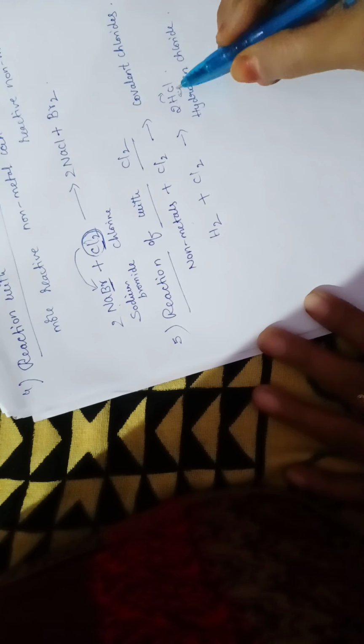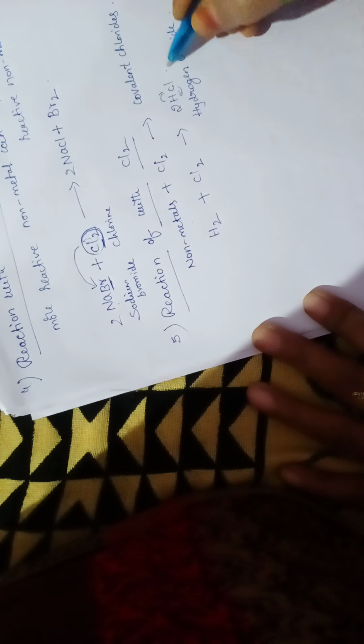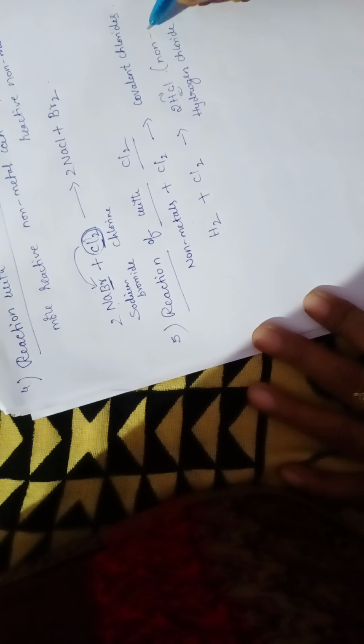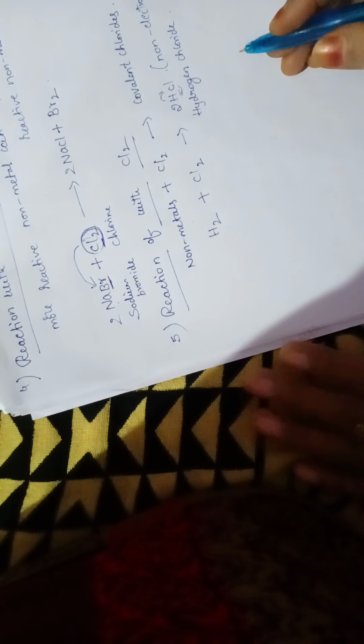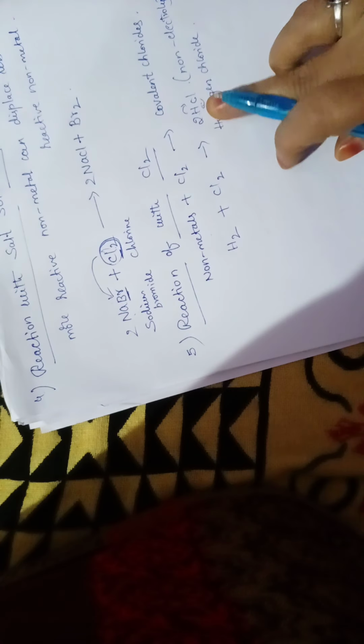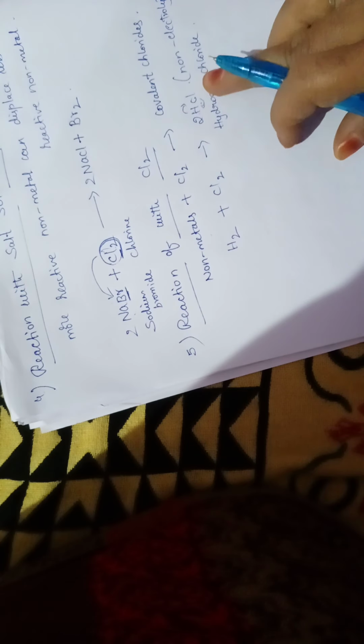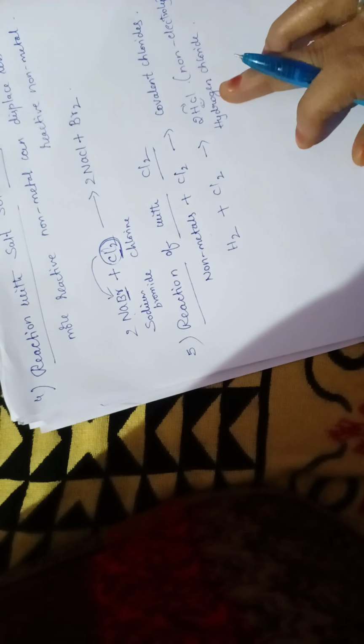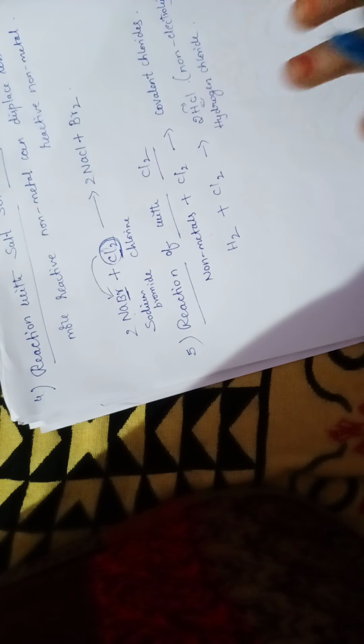Since they have no ions, they are non-electrolytes, which means they do not conduct electricity, because ions are not there. The chlorides are formed by the sharing of electrons, which is why they are unable to conduct electricity.